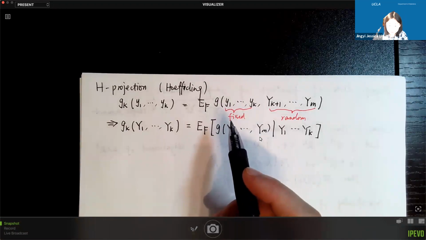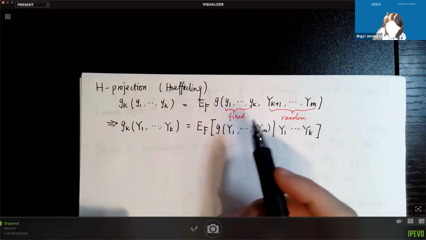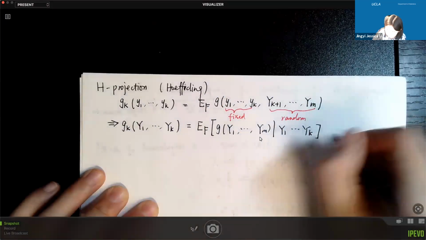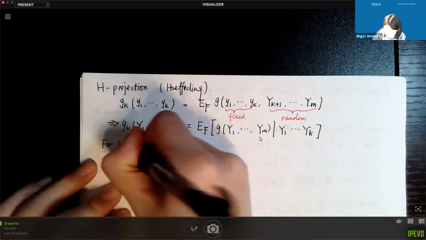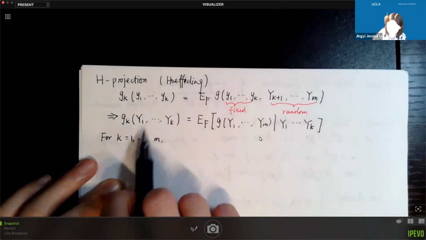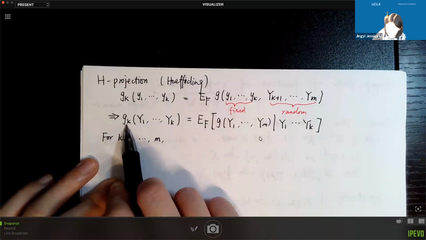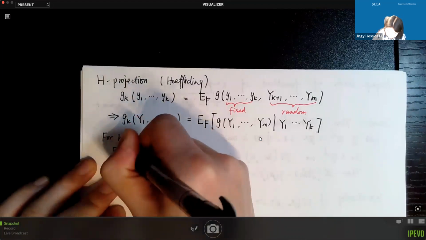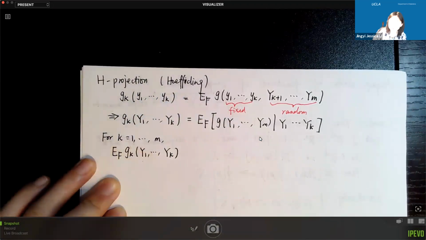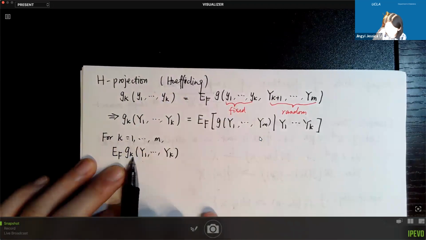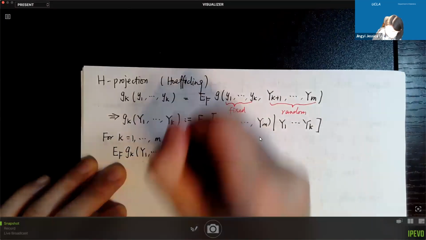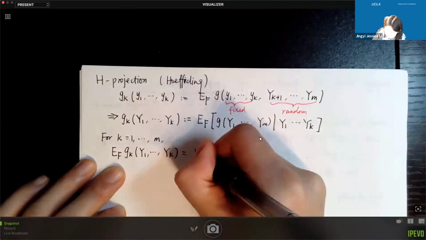Based on this definition, for k from 1 to m, one thing we can see is that if we further take expectation over y1 to yk in this g_k, and use the definition of g_k, it's actually two layers of expectation.